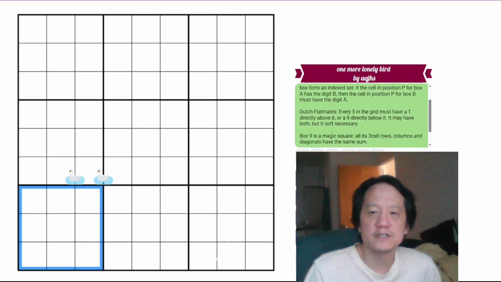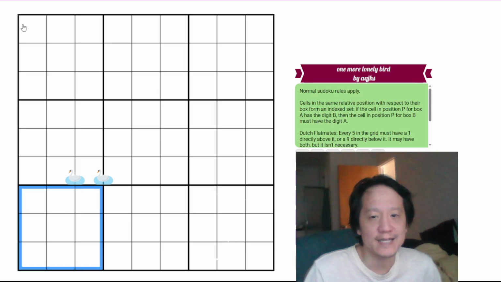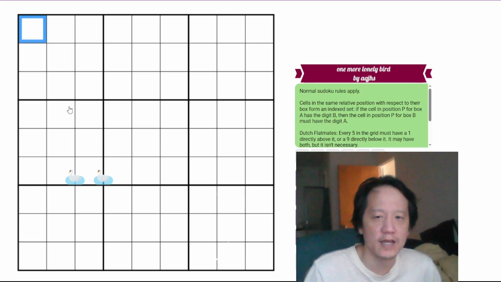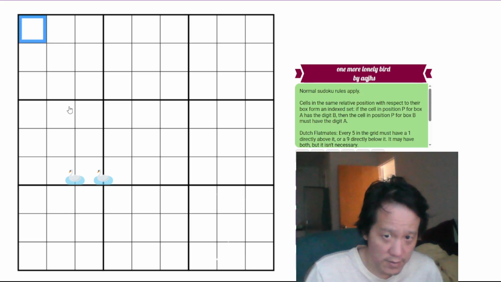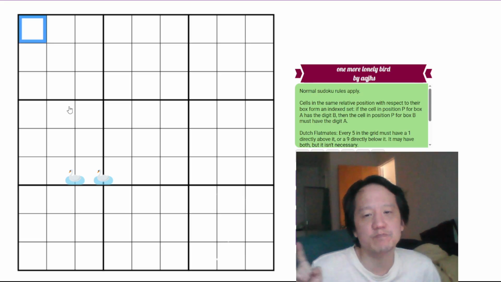Cells in the same relative position with respect to their box form an index set. That is, if the cell in position P for box A has digit B, then the cell in position P for box B must have the digit A.